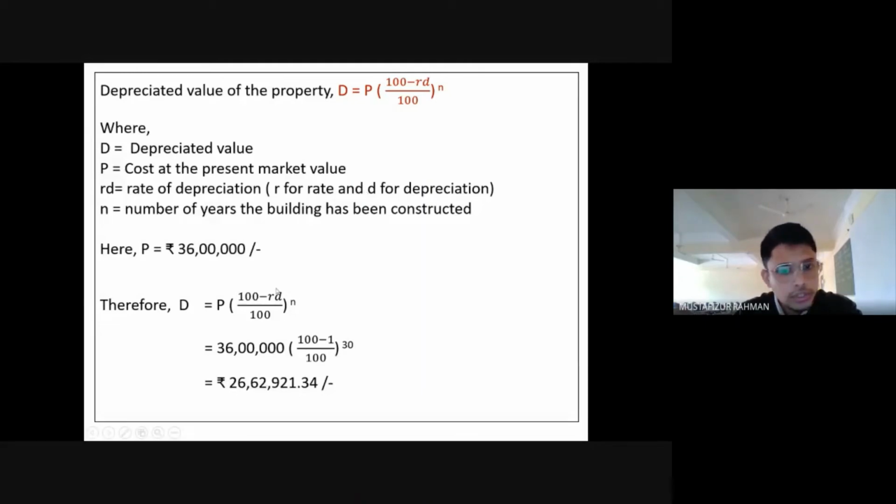So you use the formula. P is 36 lakhs. This is 100. RD is 1. Given at 1% it is depreciating. And 30 is the number of years the building has been constructed. So that will give us how much depreciation has occurred in the building.